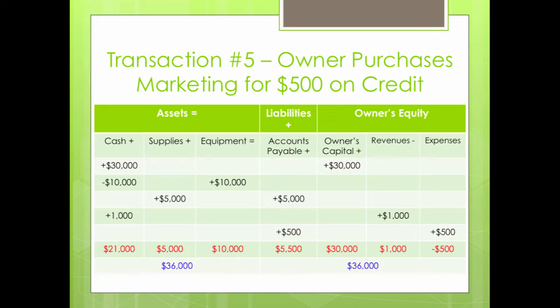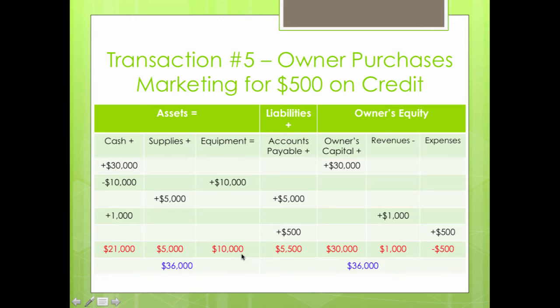So what we do is we add $500 as a positive under accounts payable and under expenses. And then we go back to our routine. We add each balance on each of the accounts, which are in red. And then we make sure that the equation is balanced.